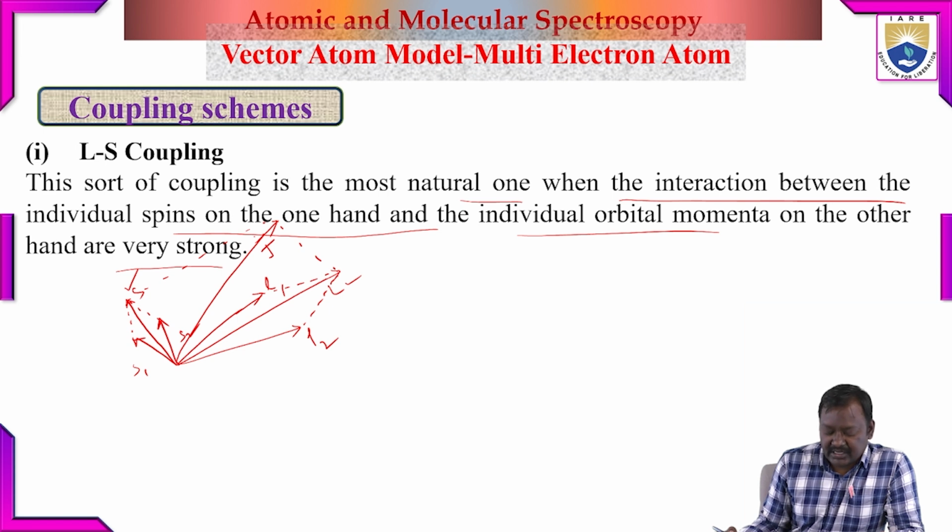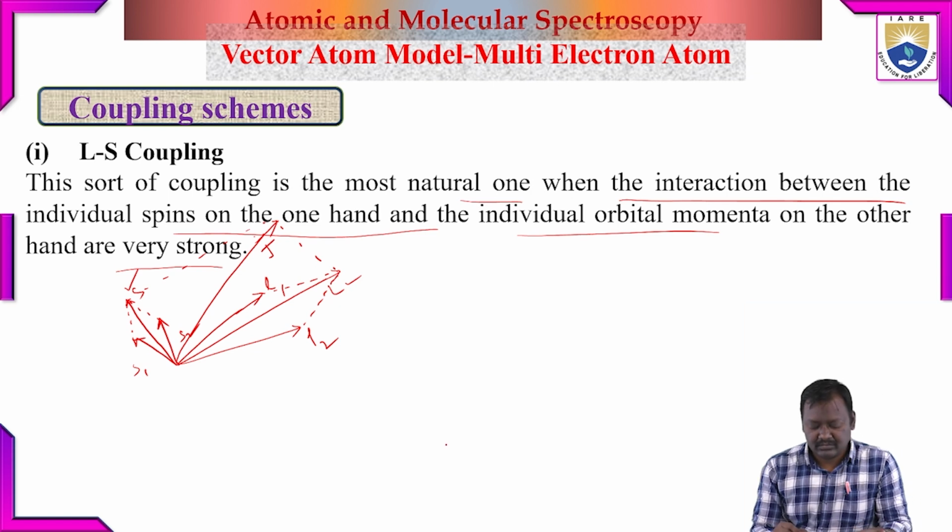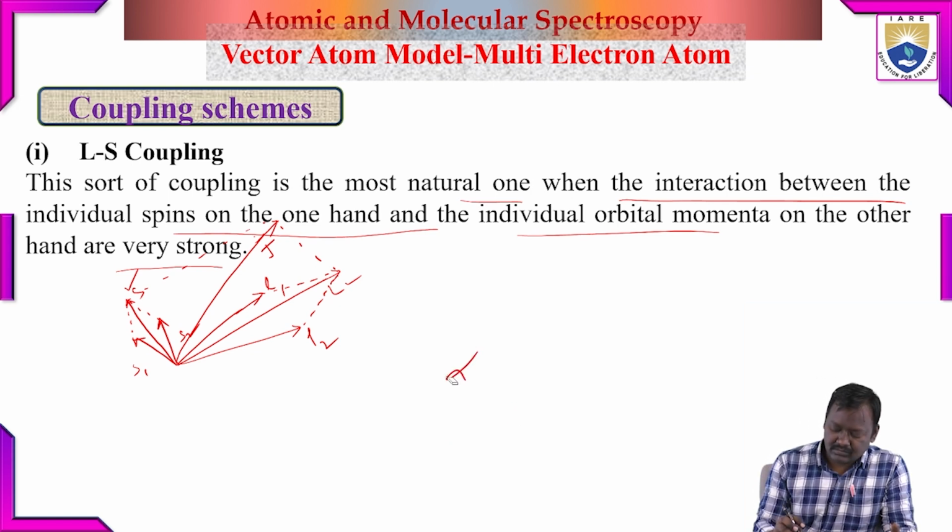The same way we can express the vector method for 3, 4 electrons also. If there are 3 electrons, the spin quantum number of the 3 electrons can be like this. The resultant spin quantum number from S1, S2, S3.